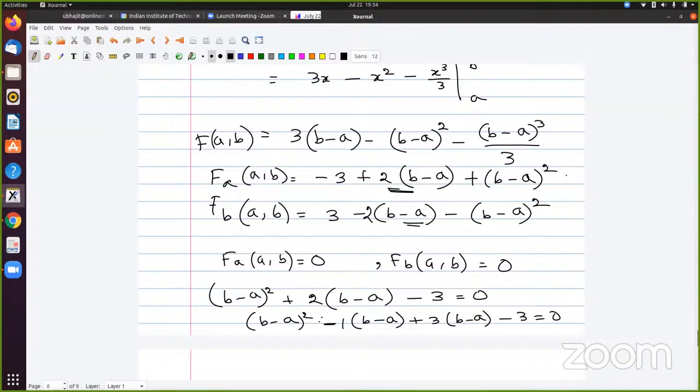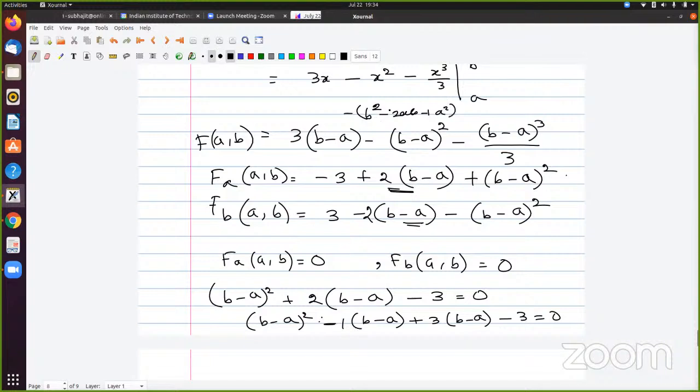It will expand to a square minus 2ab plus b square. So the derivative with respect to a will be 2 times bracket b minus a, it is correct, no? Okay, because it is b square minus 2ab plus a square, right?